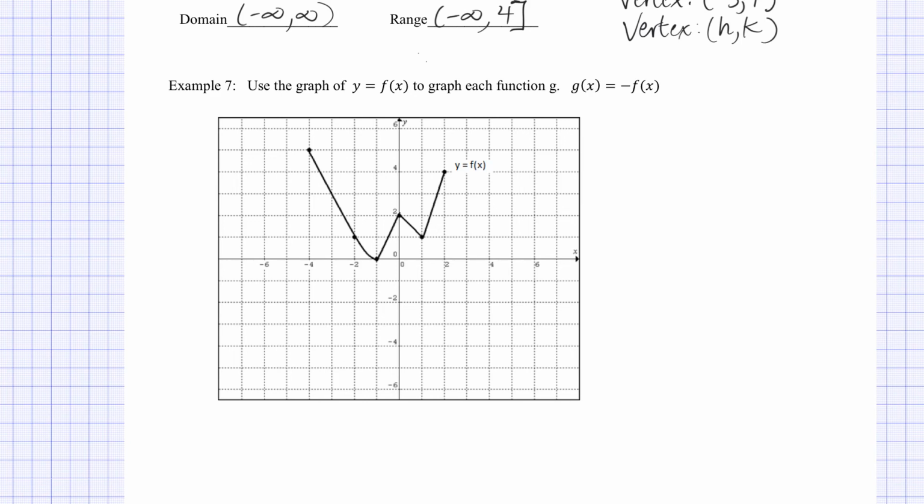And remember, what does that do? That is a reflection of the graph of f of x about what? The x-axis. So I can go ahead and plot the points on my transformed function. It was here at positive 5. Now it's going to be at negative 4, negative 5.